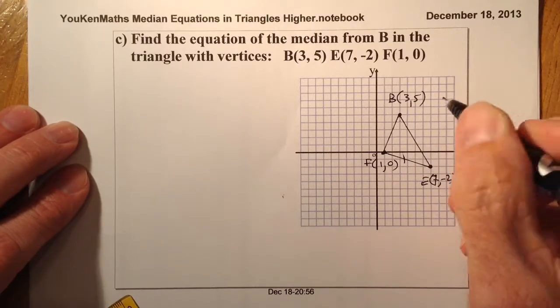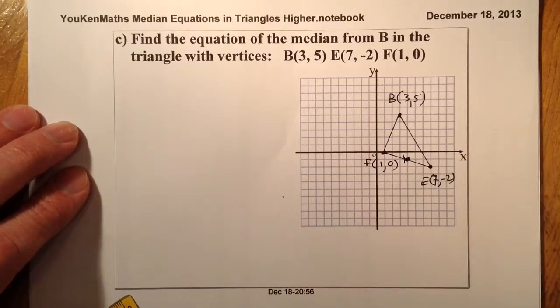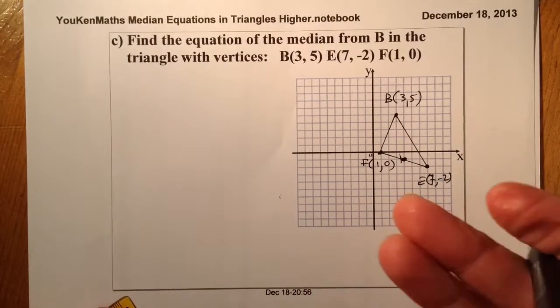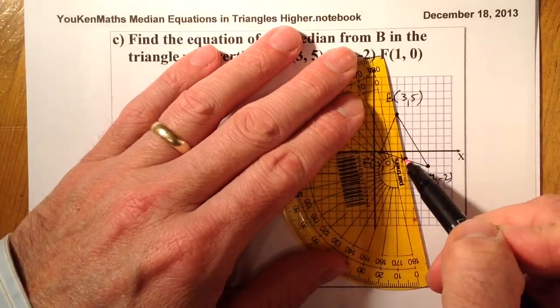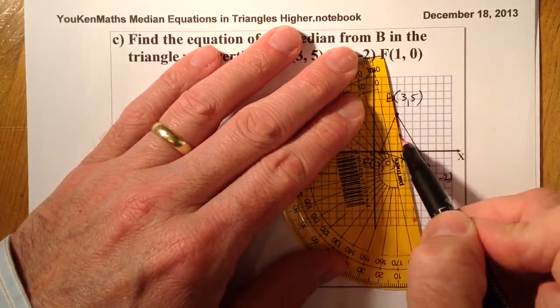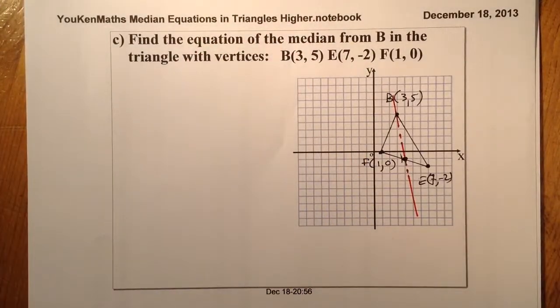And what I'd be looking at is the midpoint, which is sitting there. So I can do that by eye. So the equation of the line that I'm interested in will be this line here, going through these 2 points. Right, so let's go ahead and do that.